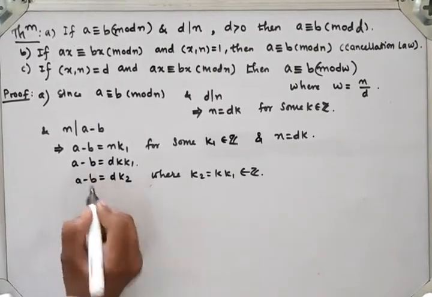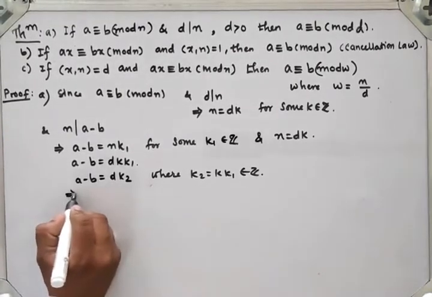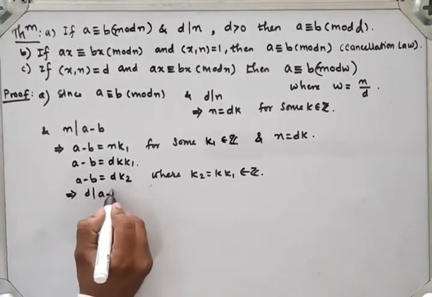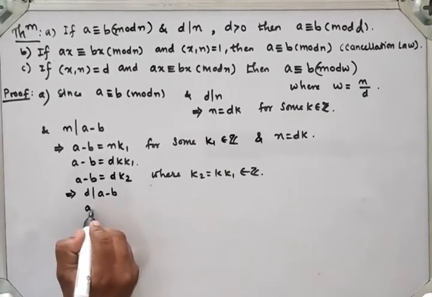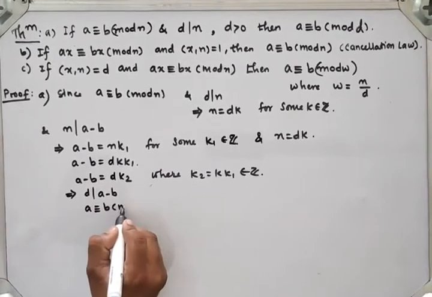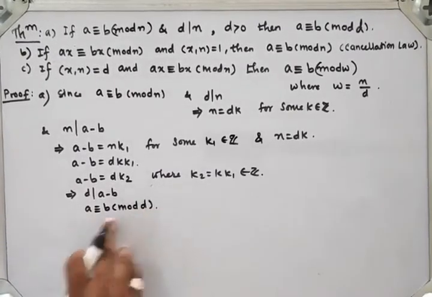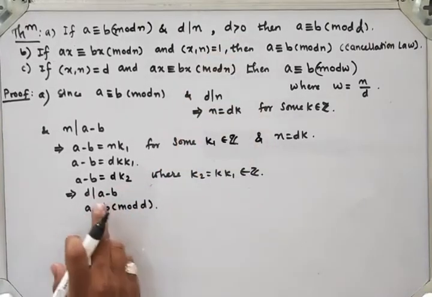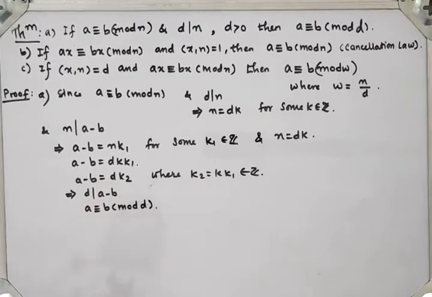Then by the definition of divisibility, d divides a minus b, and by the definition of congruence, I write a is congruent to b modulo d. Hence the proof. Since d is greater than 0 here, d divides a minus b, and that's why I say a is congruent to b modulo d.